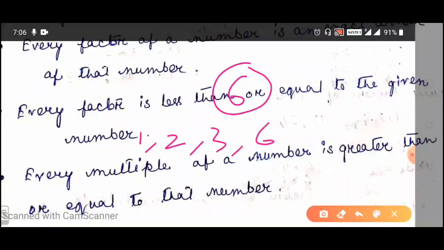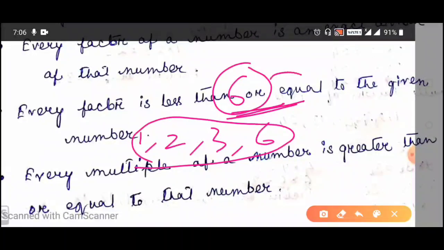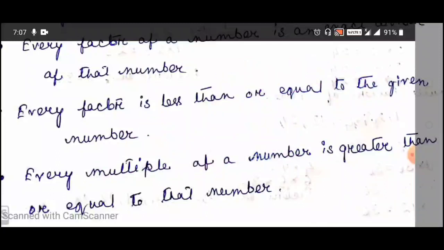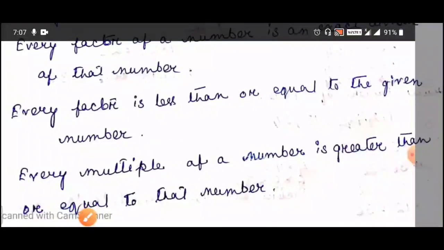Now see, 6 is the multiple of these 4 numbers and 6 is greater than or equal to these numbers. 6 is greater than this 1, this 6 is greater than this 2, this 6 is greater than this 3, this 6 is equal to this 6. So every multiple of a number is greater than or equal to that number.